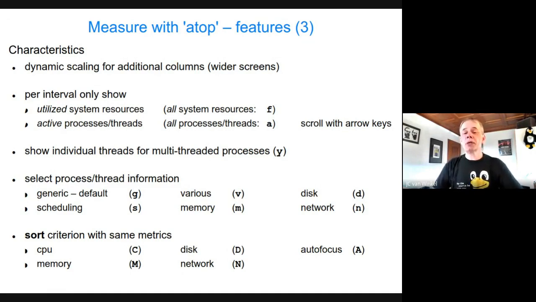So I want to sort by how much memory this program currently has in use, or the amount of disk bandwidth or network bandwidth. And you can also use autofocus, which means it will sort by the resource that is being used relatively the most by this process.